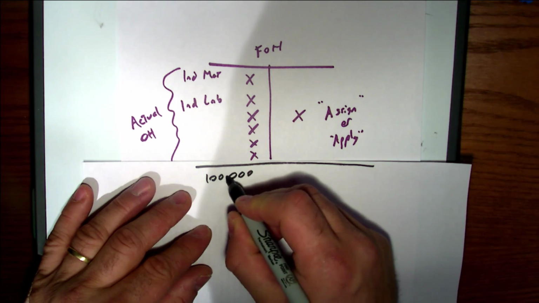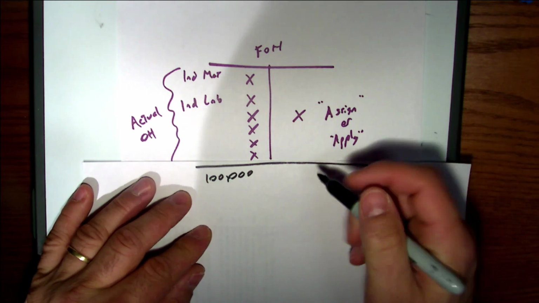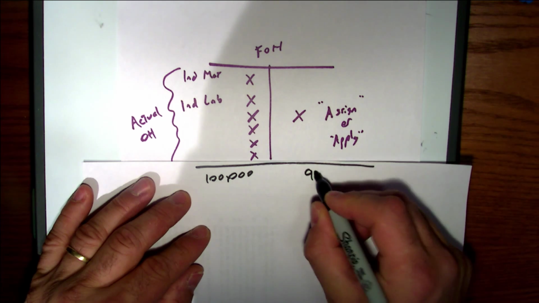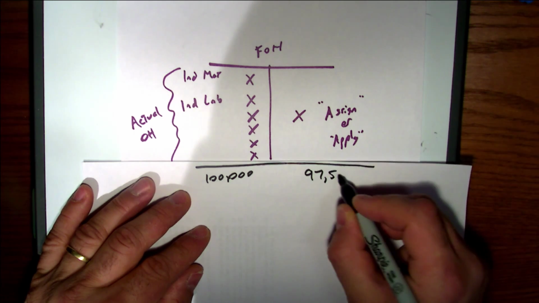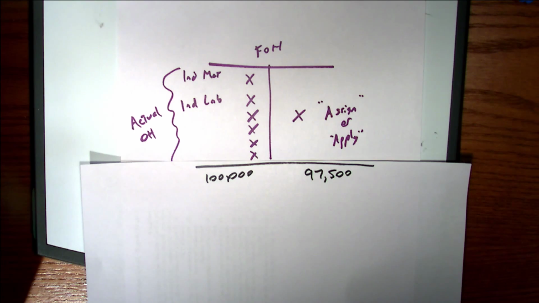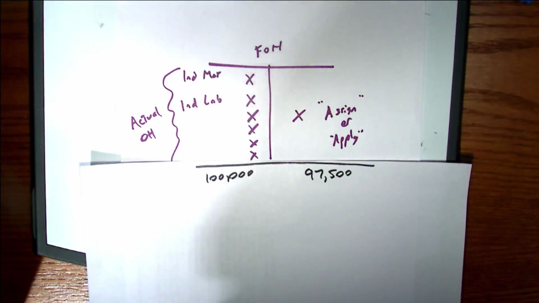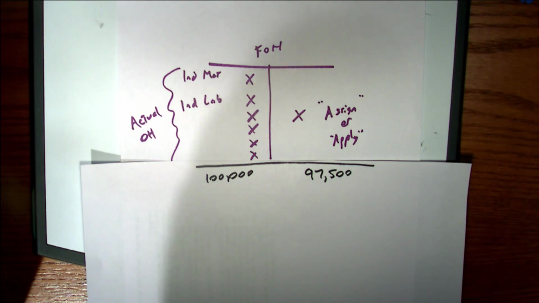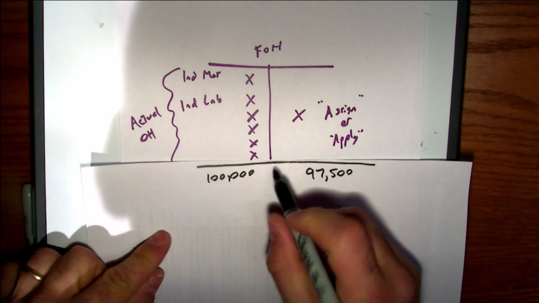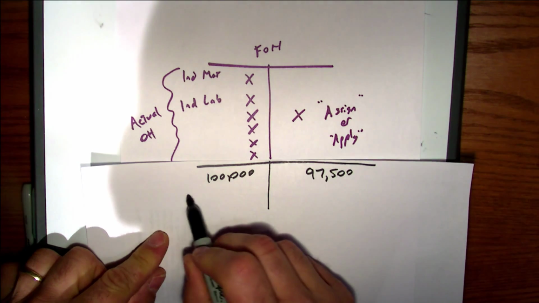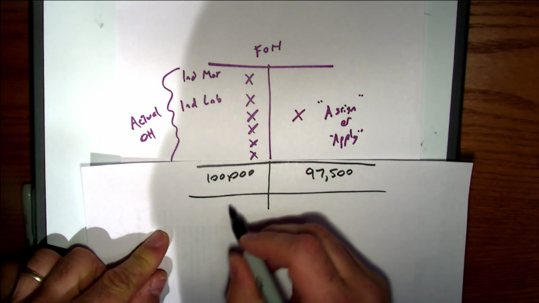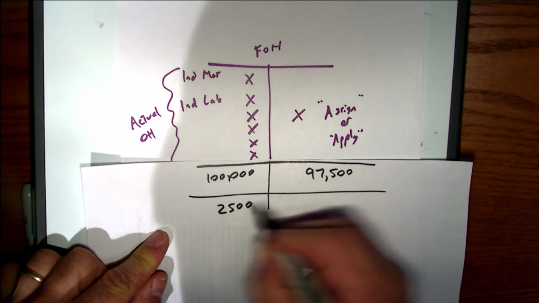Okay, I'll make the numbers easy. And let's say the amount that we applied is 97,500. Okay? Well, is this over applied or under applied? Under. It's under applied, right? Okay? So if I figure this out at this point, what's our balance here? 2,500 on the debit side.